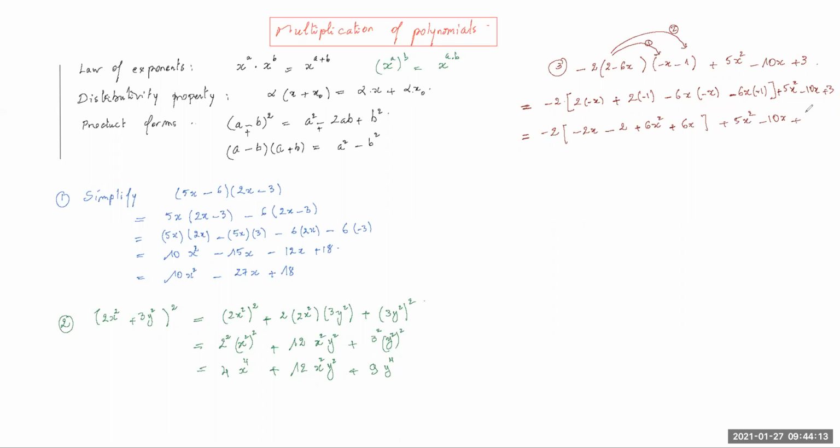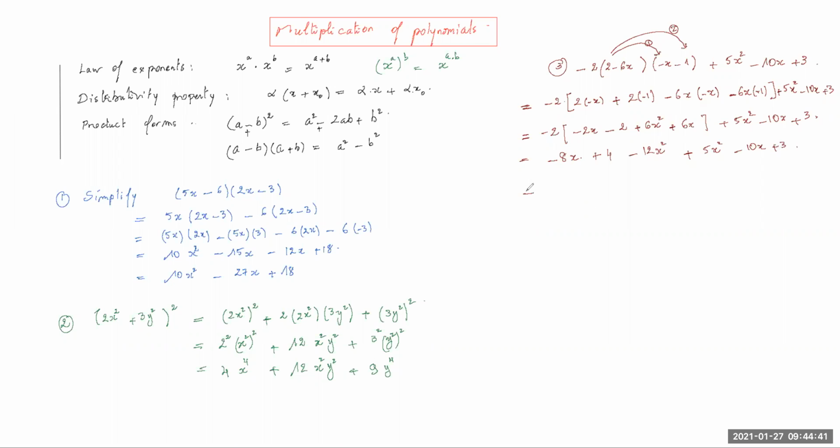So you see, you need to go slowly here. Here I have minus 2. The number of x's here, you will have 4x, so we'll have minus 8x. Minus 2 times minus 2 is plus 4. Minus 2 times 6x squared is minus 12x squared. And plus 5x squared minus 10x and plus 3.